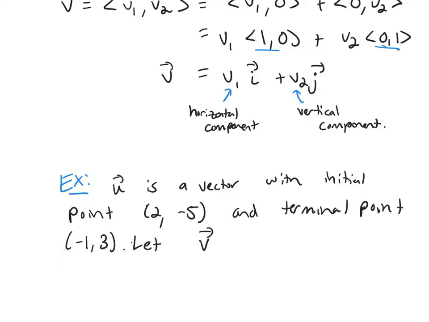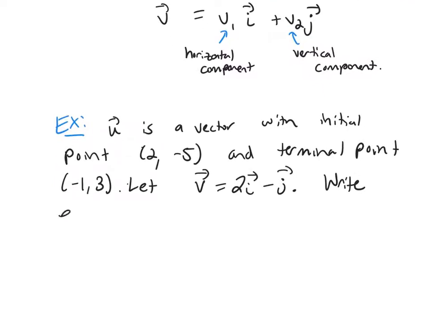Let's write the vector v as 2i minus j. Each vector has a linear combination of i and j.